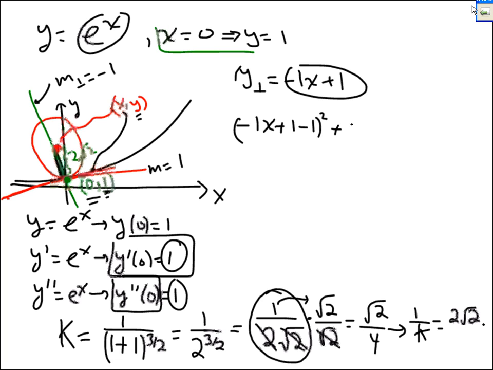Well, x minus 0 is x, squared. And I want the distance to be 2 square root of 2, so this equals 2 square root of 2 squared.